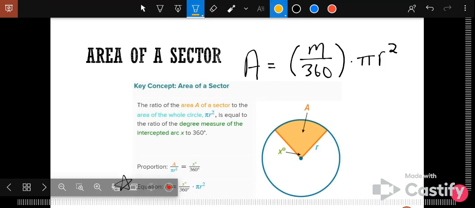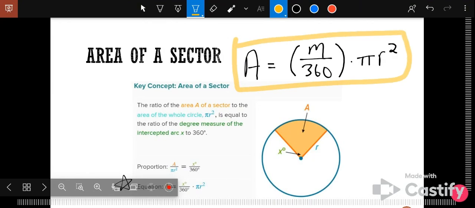So this is our area formula for the sector of a circle. If you're looking at this picture below, it'd be the orange part of that circle we're finding the area of.